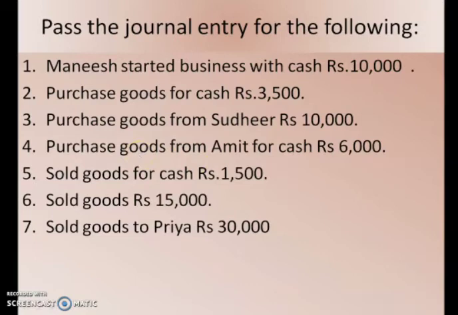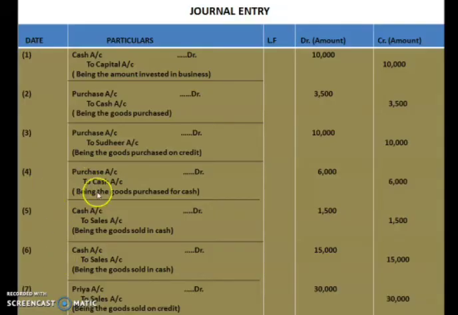Is it a cash transaction or a credit transaction? Of course it is a cash transaction because the word cash is given. So in this case, purchase account will be debited to cash account with 6,000 rupees. So just look here. The fourth transaction, purchase account debited to cash account 6,000. Being the goods purchased for cash.